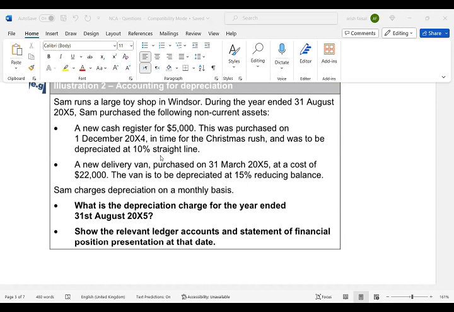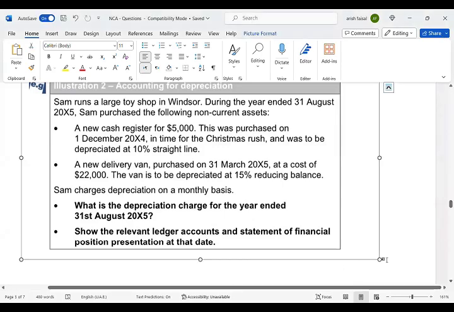So 5 months before the year end. And that has been purchased at a cost of 22,000, and this will be depreciated at 15% reducing balance method. And it's also given over here that Sam charges depreciation on a monthly basis. So it means that you have to prorate the depreciation.